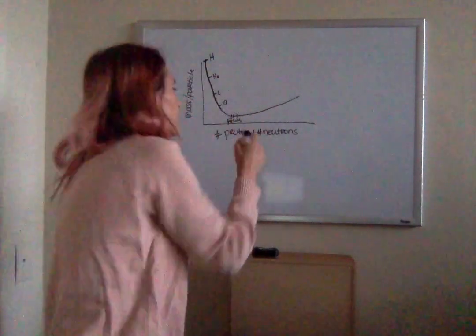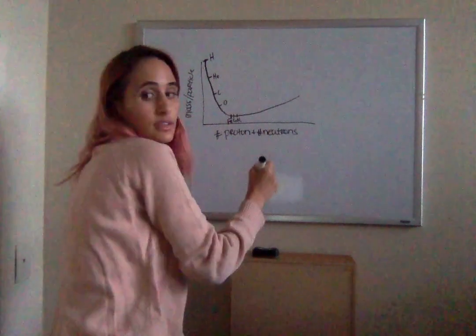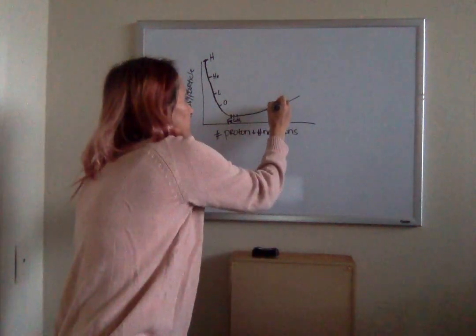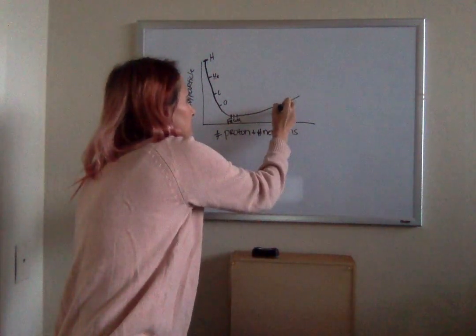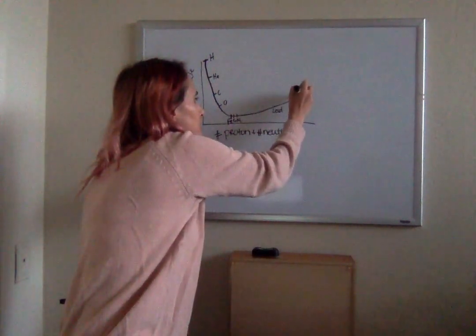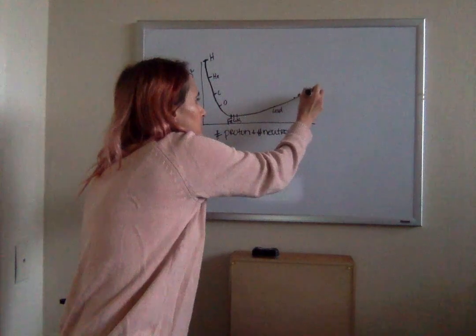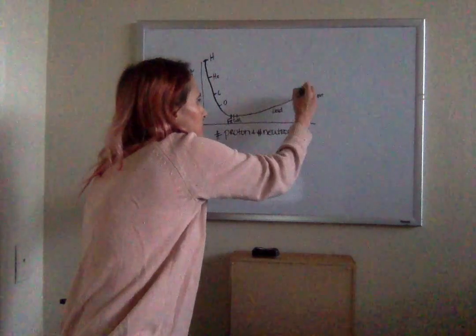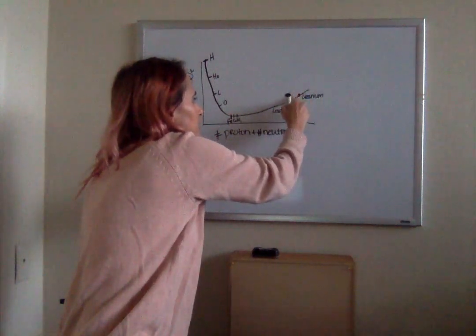And over on this side, you have stuff that's heavier than iron. We've got lead here, and all the way over here is uranium. Well, not quite at the end, there's heavier stuff, but uranium's down there.